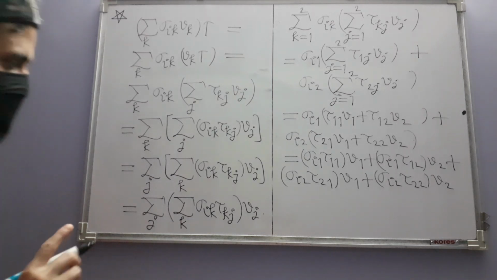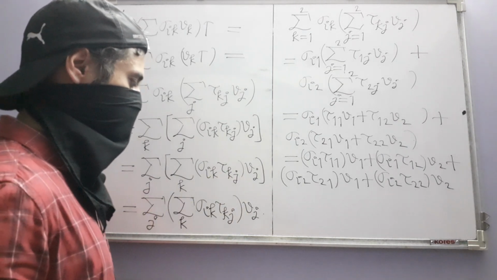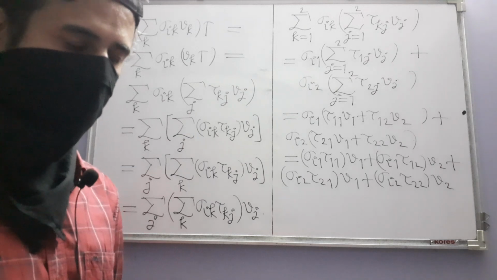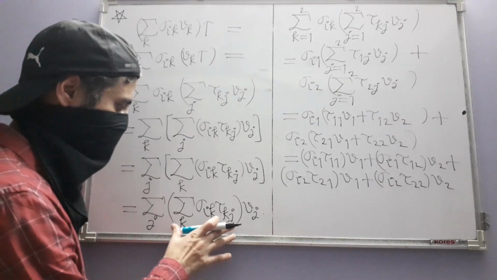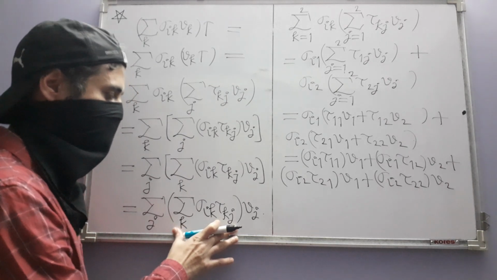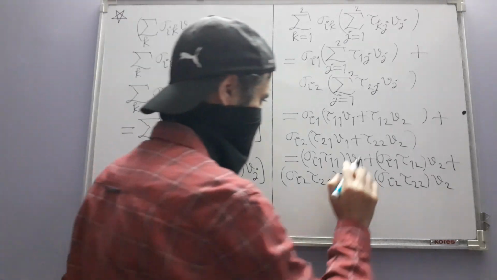And then I was telling something about taking vj common out, right? And have a scalar like this that you can see here.